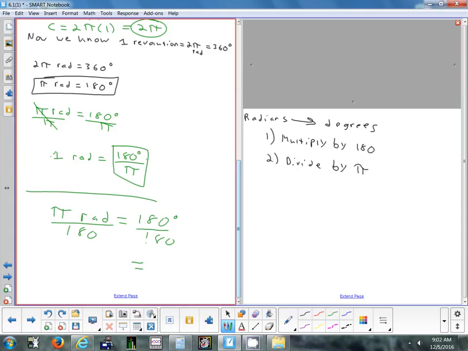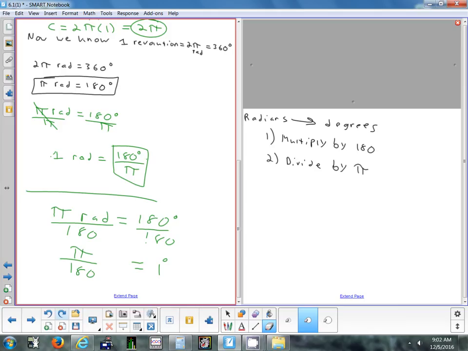Yeah, it's just 1. Okay, so that gives me 1 degree on the right, and I get pi over 180 on the left. Now, if you wanted a formula for 5 degrees, I would say just go like this. Multiply each side by 5. 5 degrees is 5 pi over 180 radians.